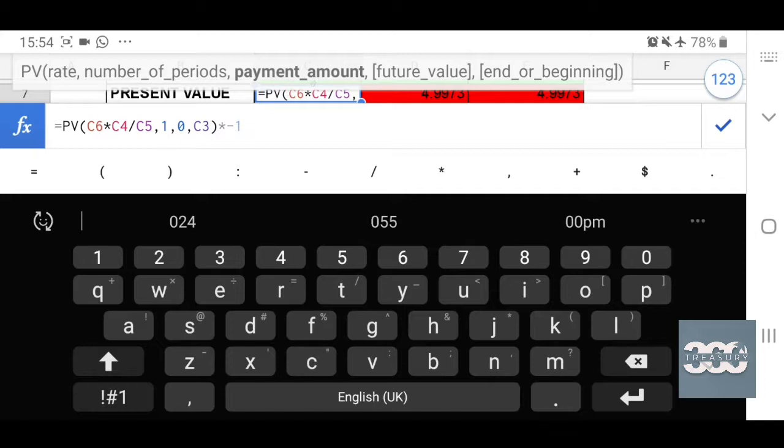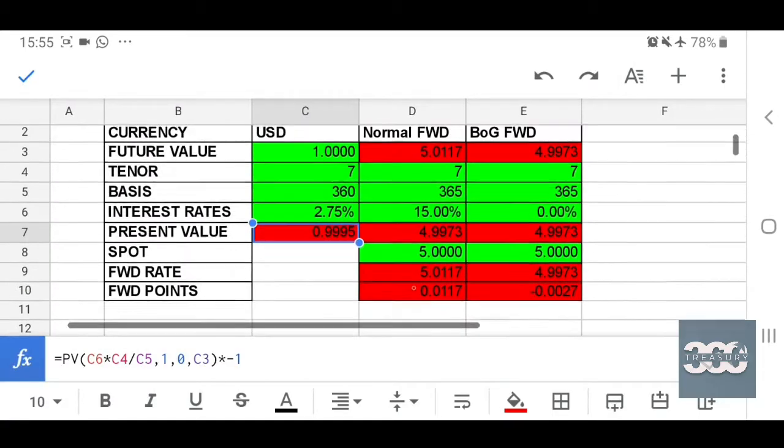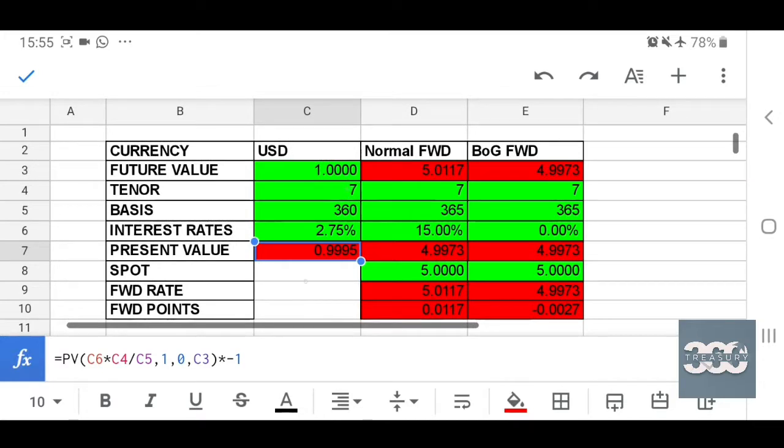There are no payments in between, so leave that at 0. And then the next is the future value, which is the $1. Okay, so we have that here.